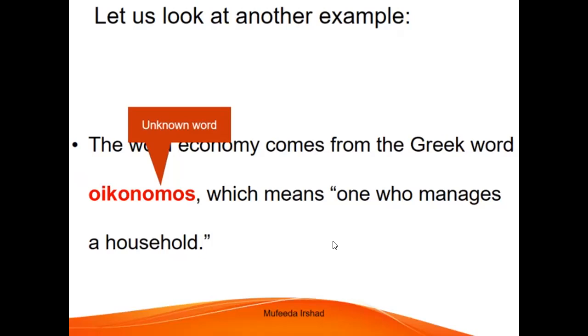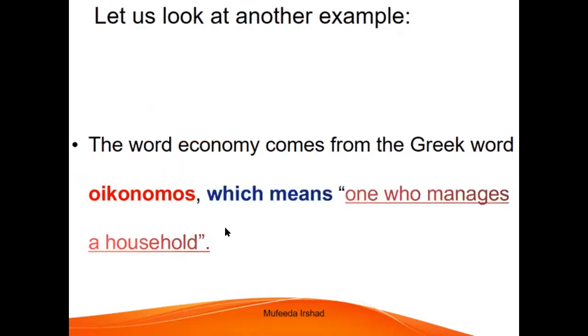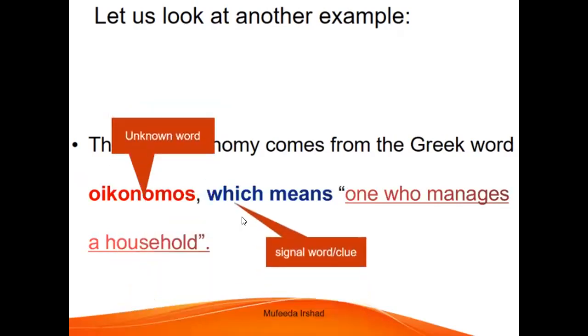He has used signal words, and he has also used punctuation clues. Right? Which means is a signal word which signals that it's a definition. And then he has also used punctuation marks here.